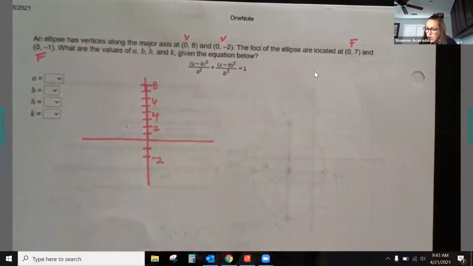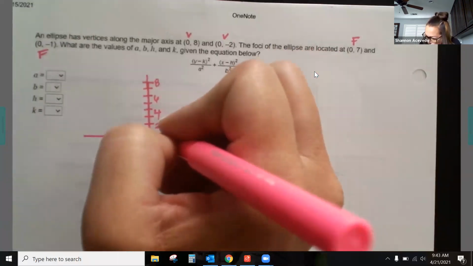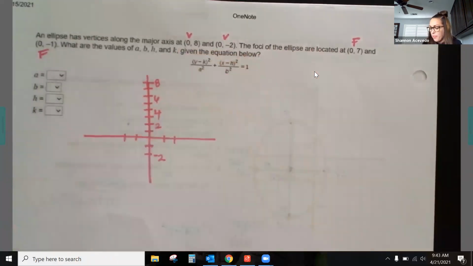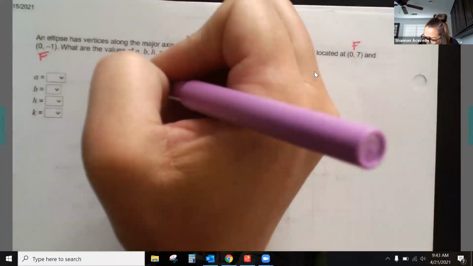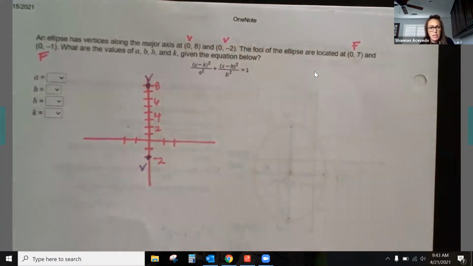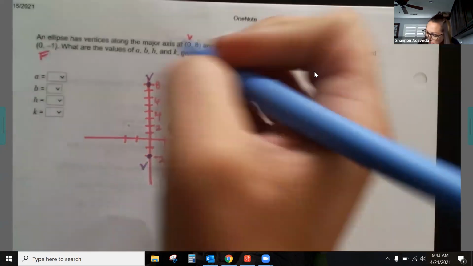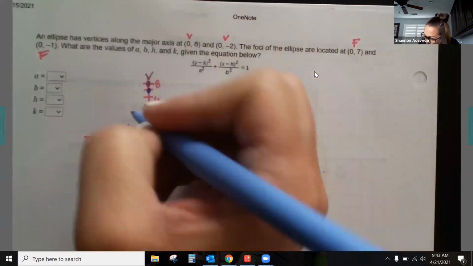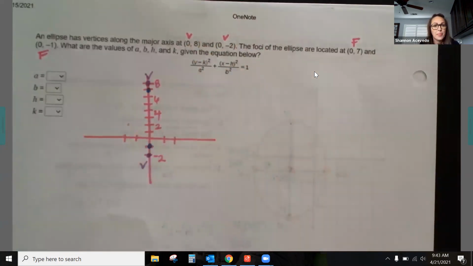All right, and then let's go left and right. We'll just go 1, 2, 1, 2. So at (0, 8) I have a vertex, and at (0, -2) I have a vertex. I also have foci at (0, 7) and at (0, -1).